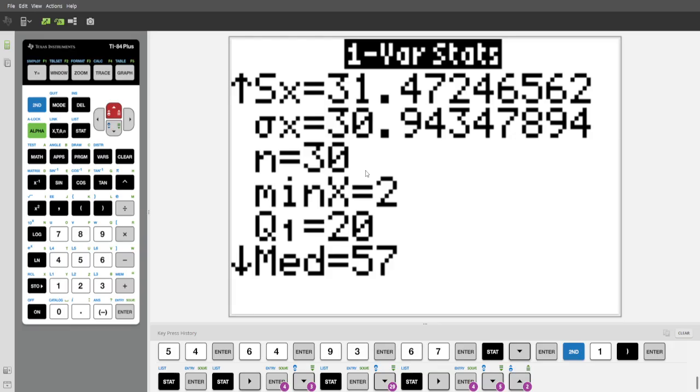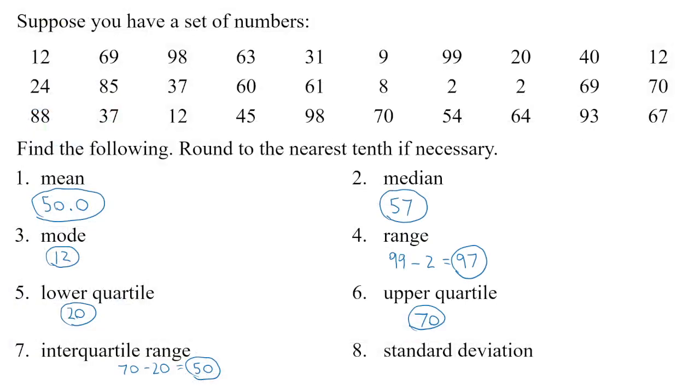And rounded to the nearest tenth, the standard deviation is 30.9. Therefore, the answer is 30.9. So as you can see, we use the TI-84 to find the standard deviation.